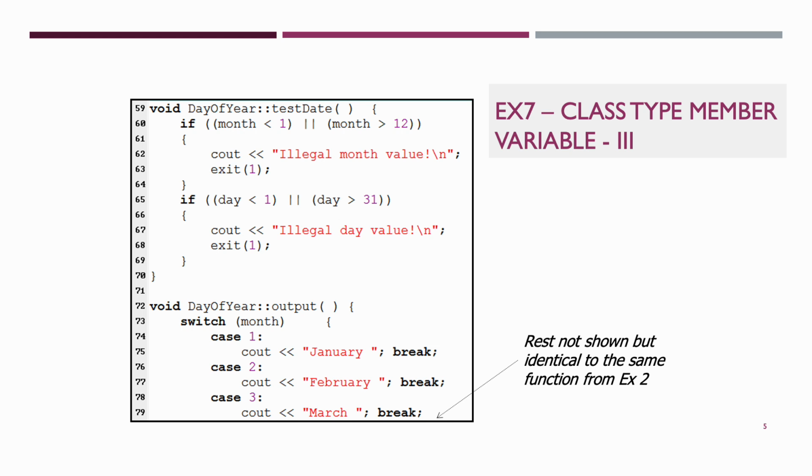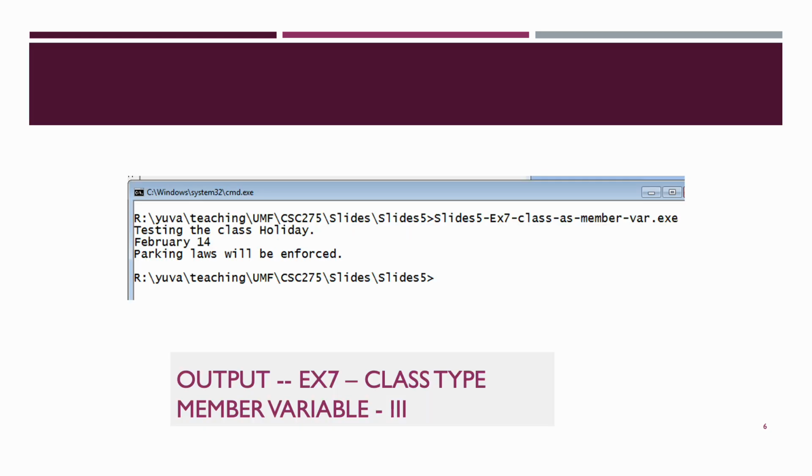It will be from January to December. So this is a common pattern for 12 months. Then you'll see it's printing "testing the class holiday February 14, parking laws will be enforced." So it's printing the outputs from the code.